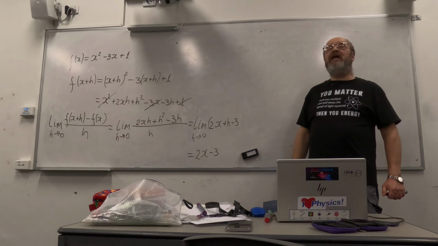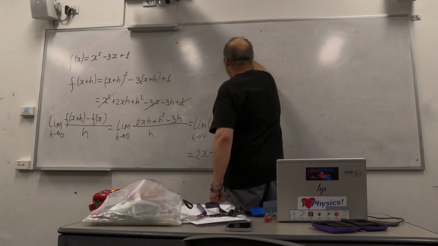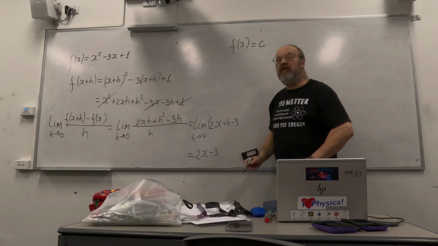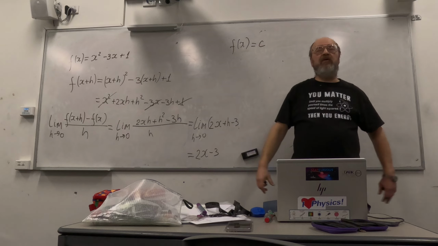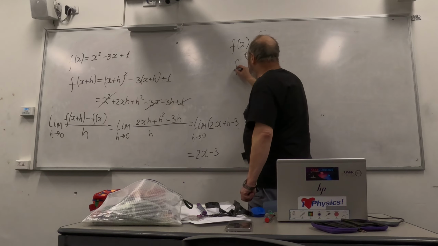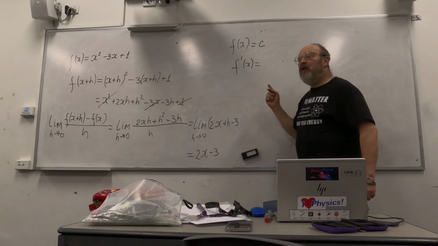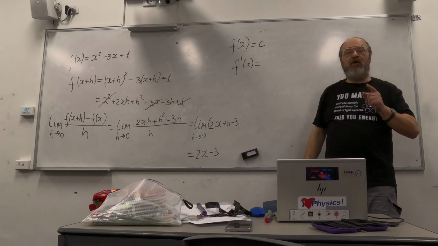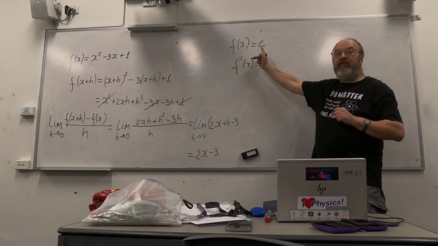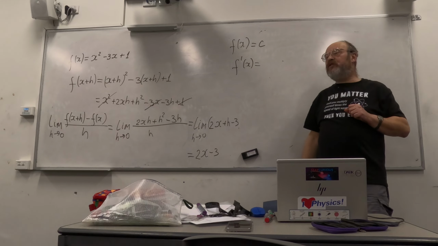What if the function f of x equals c, a constant number, 5 or 3 or minus 5, whatever you want? What will be the derivative of this function? 0. Why is it 0? Because it's just a horizontal line. Is it ever changing? No. What will be the rate of change if it's never changing?